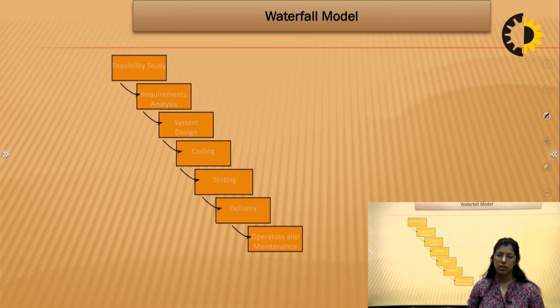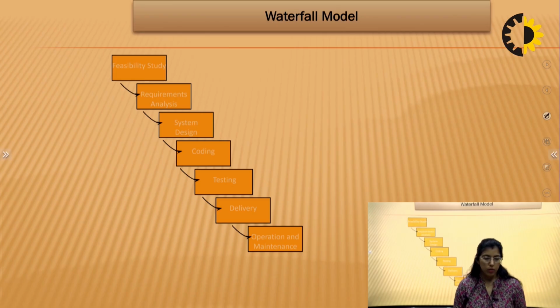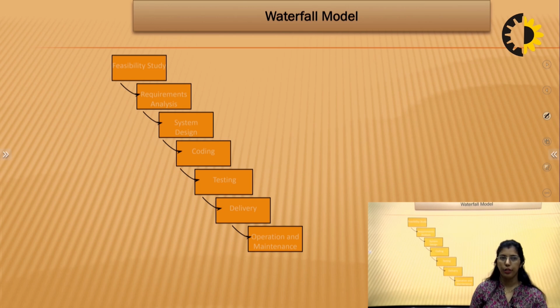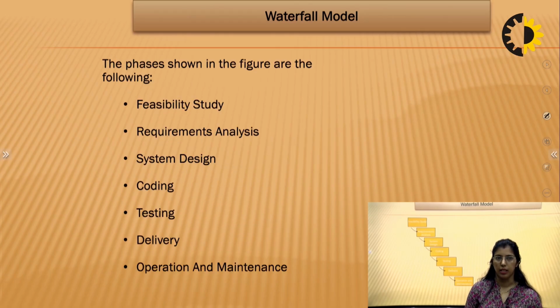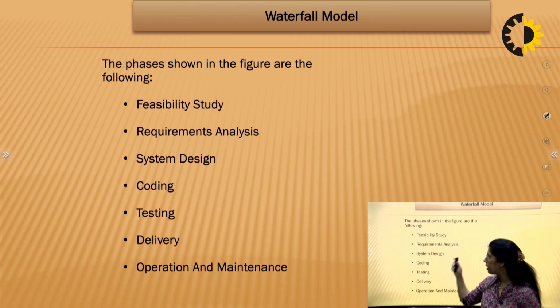All these studies are done in the feasibility study phase. Next is your requirement analysis. In this phase, requirements are analyzed based on different aspects. Next is system designing, then coding, then testing, delivery and operation maintenance. So all these are the different phases in a particular waterfall model.